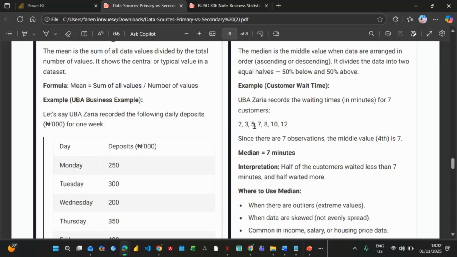But this one, we actually have a middle number. If we count from behind, we have it; if we count from above, we still have it. So we take the middle value. But let's say we counted 1, 2, 3 here, and this side is just 2. Then we count only 1, 2 and 1, 2, and add 5 plus 7, divide by 2. It will now give us the median. That's how it works.